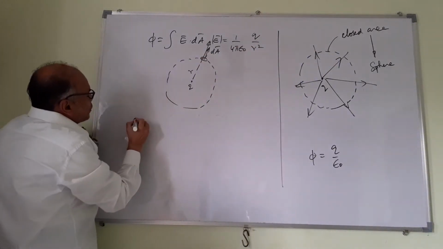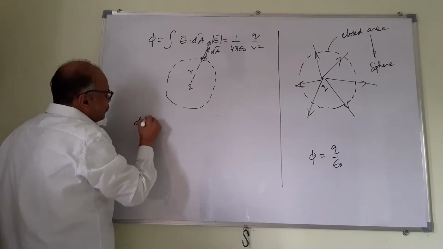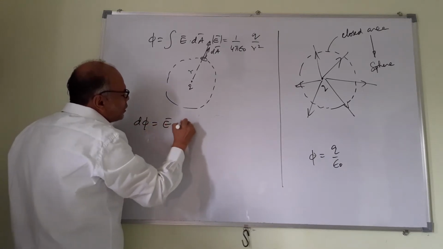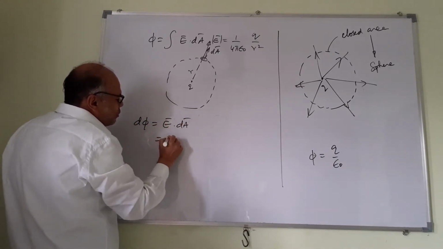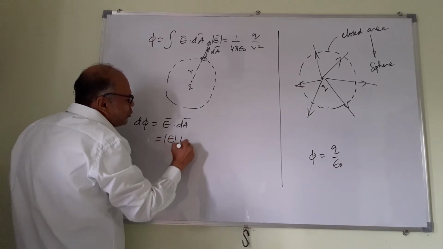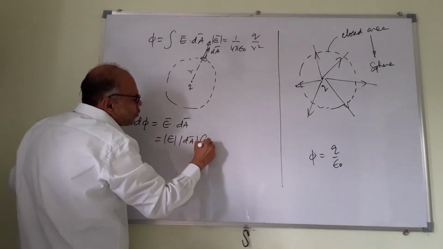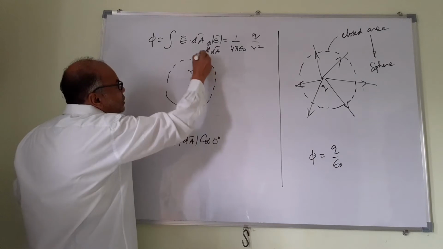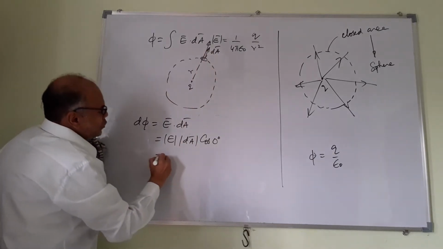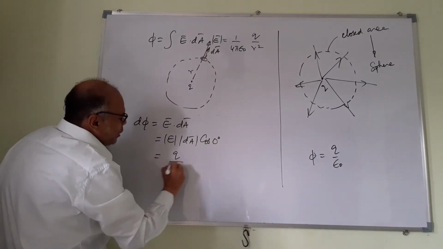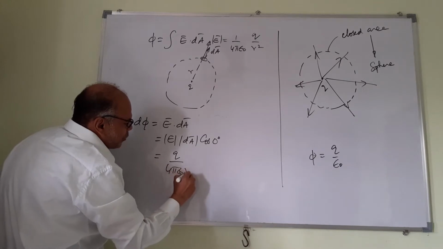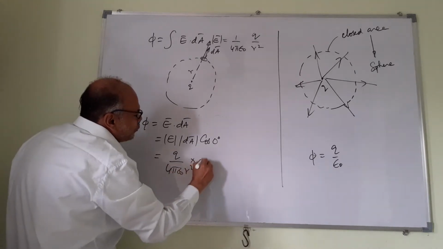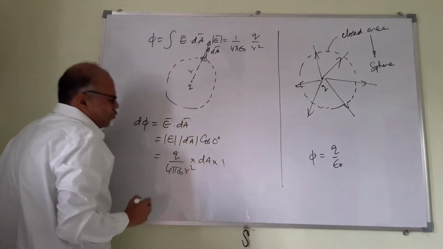So, what is d phi now? d phi, which is E dot dA, would be magnitude of E into magnitude of A into cosine of 0 degrees, because E and A are collinear. So this would be Q by 4 pi epsilon naught r squared into dA into 1.